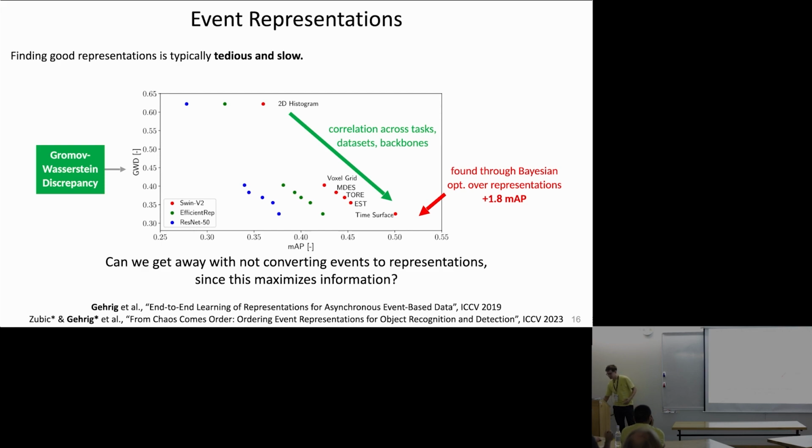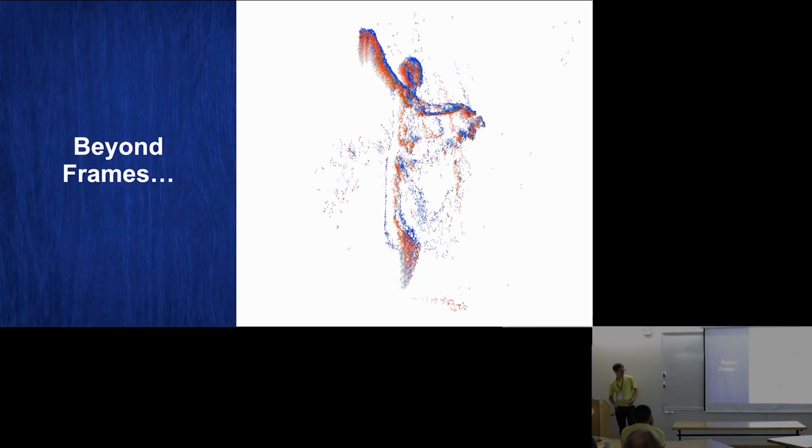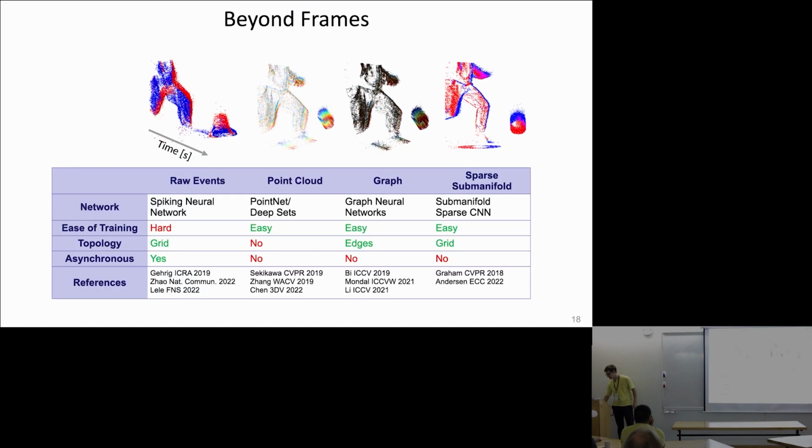So this is actually good news, because now it means that we can just go beyond frames and look at events in a sparse and non-frame-like fashion. So let us quickly review how events have been processed in this way, either as raw events. Here typically people use spiking neural networks. These are bio-inspired networks that are like a dynamical system, and in this dynamical system, you're inserting individual spikes, and then you have a decay over time.